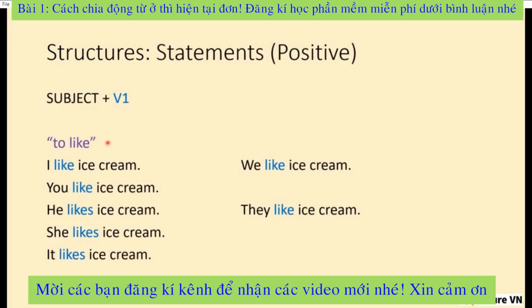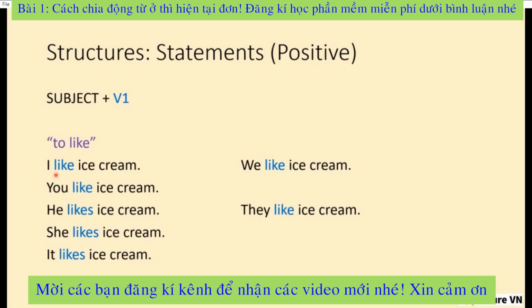So, let's take a look at the verb to like, for example. I like ice cream. You like ice cream. He likes ice cream. She likes ice cream. It likes ice cream. We like ice cream. They like ice cream. As you can see, we are using like for I, you, we, and they.